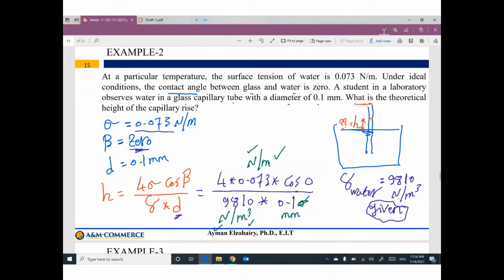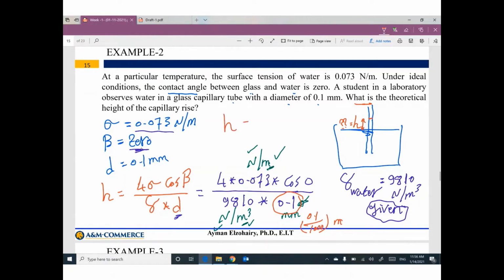To convert millimeter to meter, or convert this meter and this meter to millimeter? Which one is better? Which one is easier? I think convert this one to meter. So 0.1 divided by 1000 will be in meters.